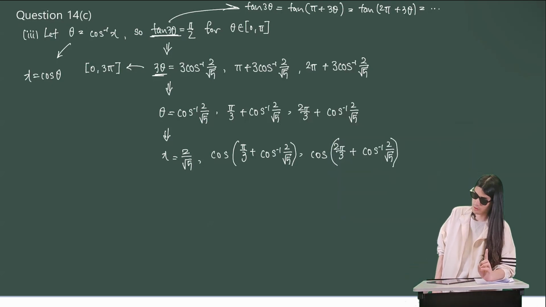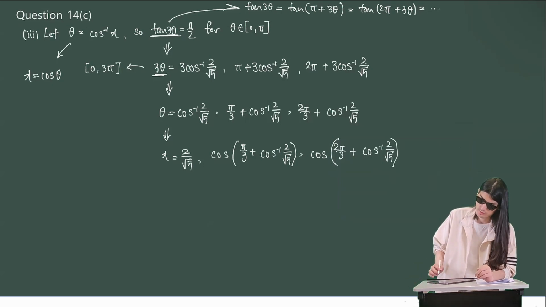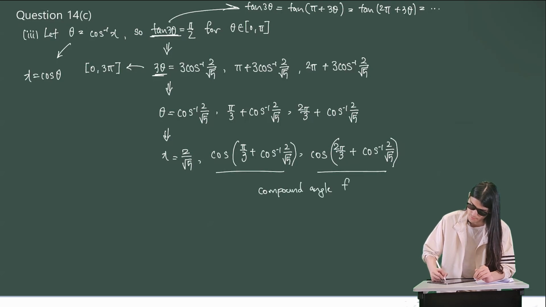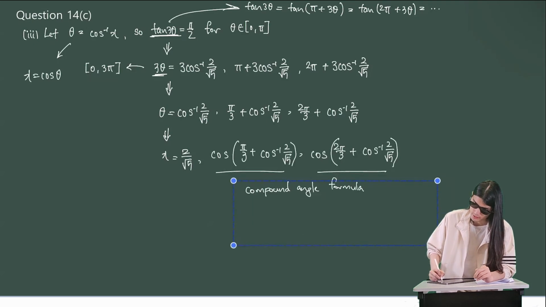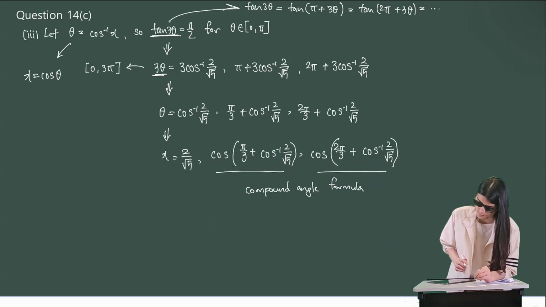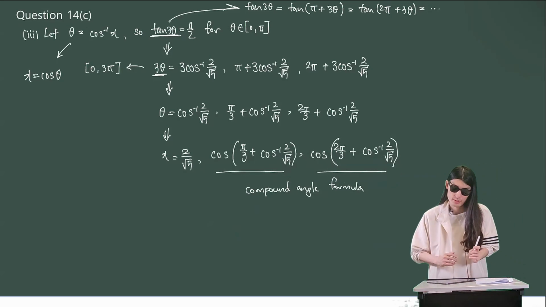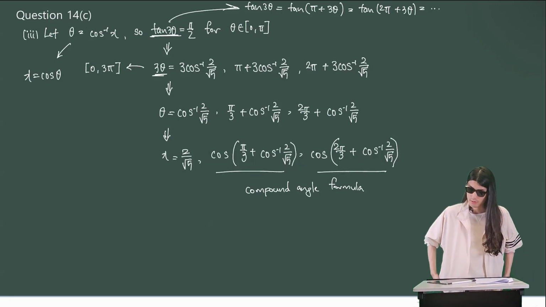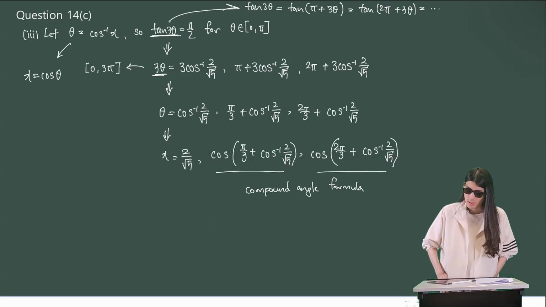And then in the solution I did, for these two solutions, I've used the compound angle formula to find the exact values of these in their simplest form. And that I will skip in this video because the video is already getting quite long.